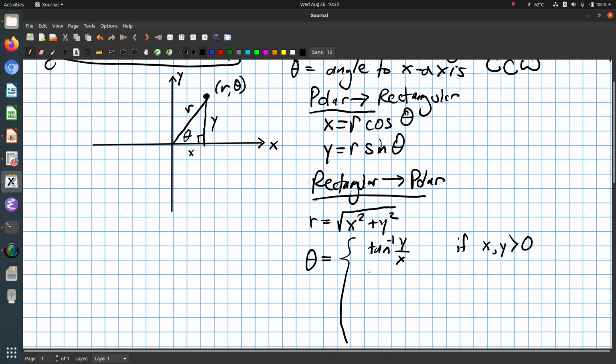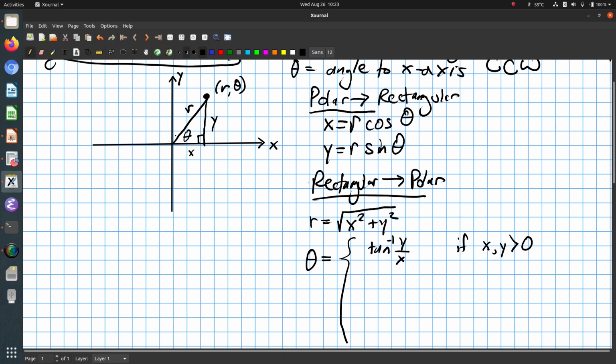Of course, if you go beyond that, if you go to the second quadrant, you will find something that will require a little bit of modification. In particular, rather than adding 2 pi, you want to subtract the quantity from pi.